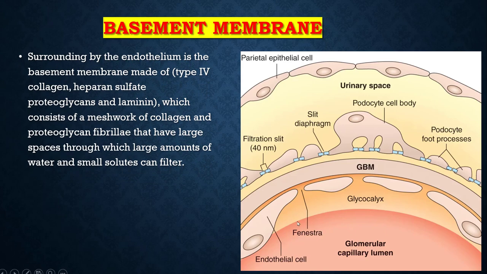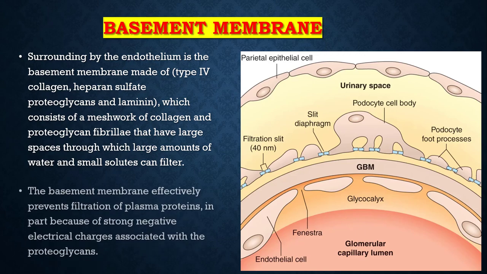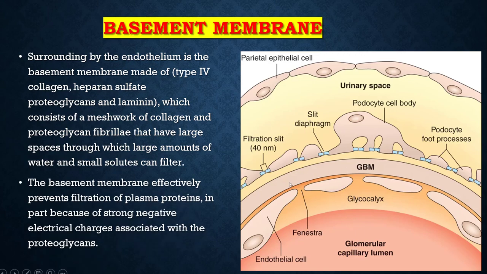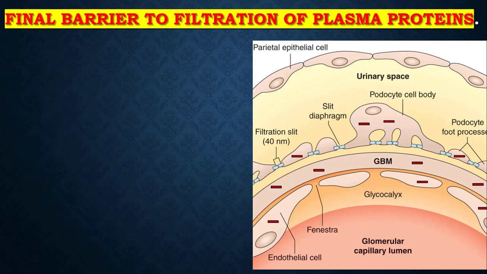The basement membrane surrounded by the endothelium is made of type 4 collagen, heparan sulfate proteoglycan and laminin, which consists of a network of collagen and proteoglycan fibrillae that have large spaces through which large amounts of water and small solutes can filter. The basement membrane effectively prevents filtration of plasma protein in part because of the strong negative electrical charge associated with the proteoglycan.